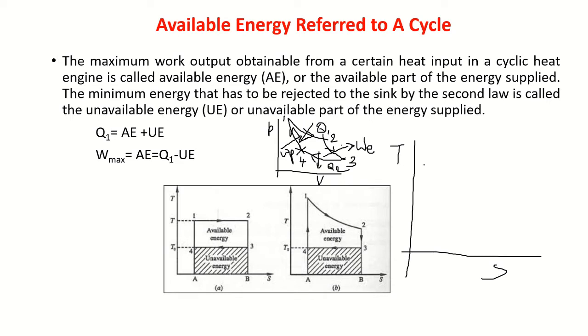On these coordinates, the temperature must be constant. So it is 1 to 2. 2 to 3, entropy is constant. 3 to 4, again temperature is constant. 4 to 1, entropy is constant.